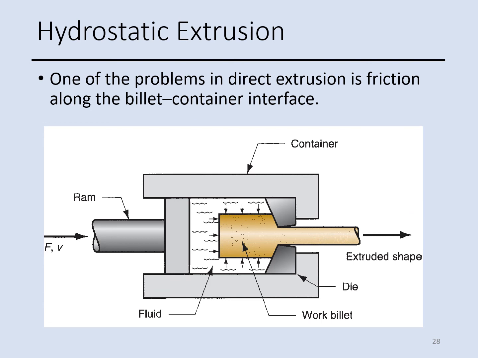The products we have with impact extrusion are toothpaste tubes and battery cases. Another extrusion process is called hydrostatic extrusion. One of the problems in direct extrusion is that we have friction along the billet and the container. If this is the container surface and this is the billet surface, we have that interface, which causes friction.